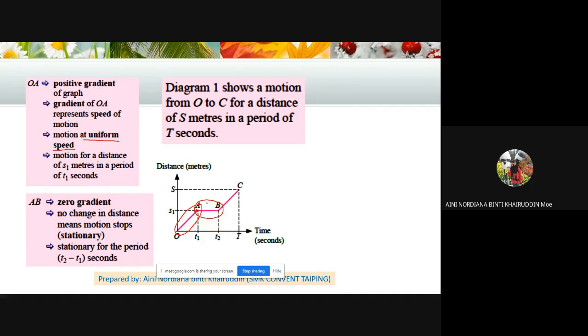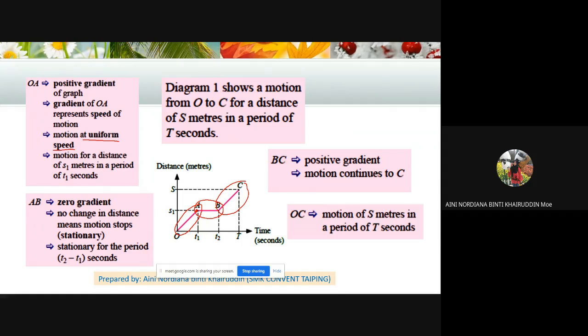Okay, ini cara you baca graf lah. Kalau nampak graf macam ni, maksudnya mula dia bergerak with uniform speed. Then stop. Then bergerak lagi. Motion continues to C. Ada speed lah. Bergerak. Distance dia S. Period dia T second.